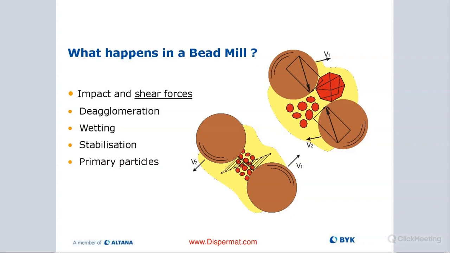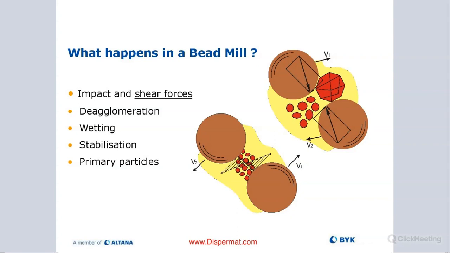Now, as our rotor is turning at a higher speed, these beads start drifting around and colliding with each other. Through that drifting motion at these high velocities, you can see on this picture, these particles' binding forces are broken up. And that's how we are reducing the particle size inside of our mill.